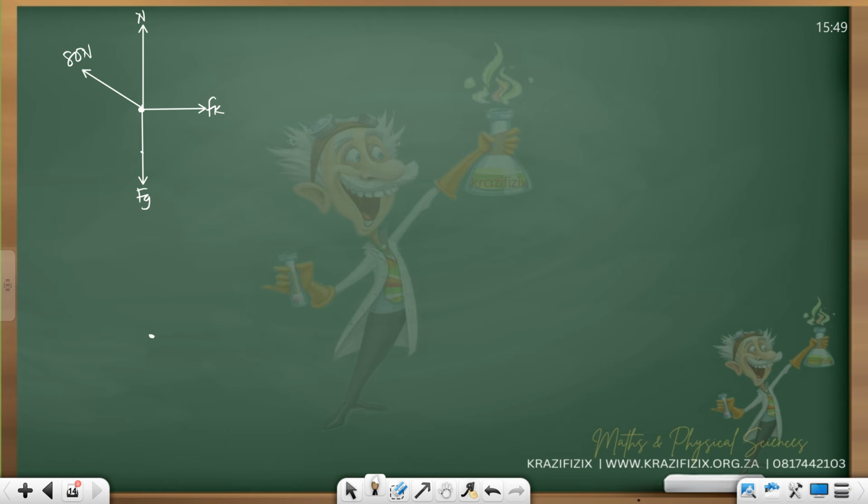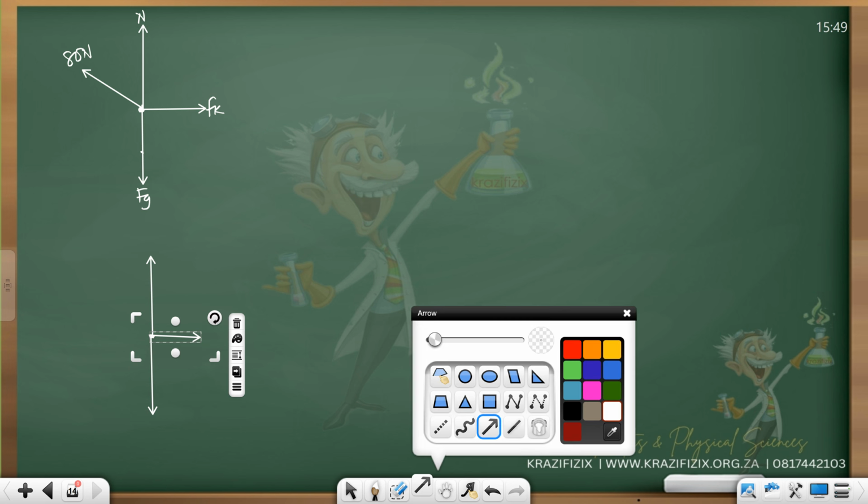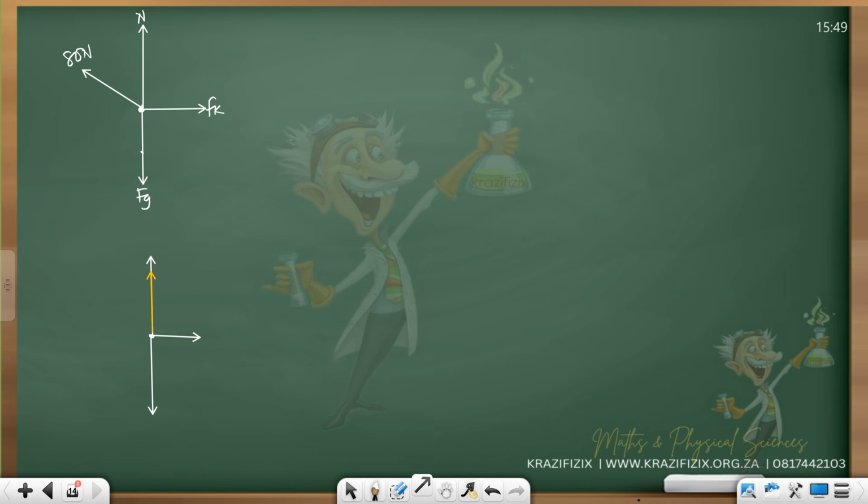We resolve into vertical and horizontal components. In order to resolve this, that is theta. So this is Fy, and this is Fx. Fy is opposite, so we use sine. So Fy would be 80 sine theta. I don't like this theta thing, but let's leave it like this. And Fx is 80 cos theta.